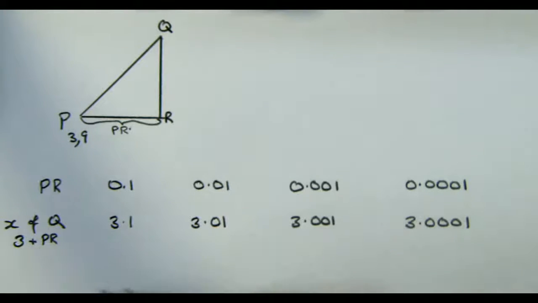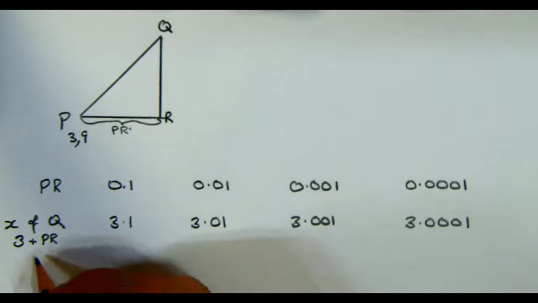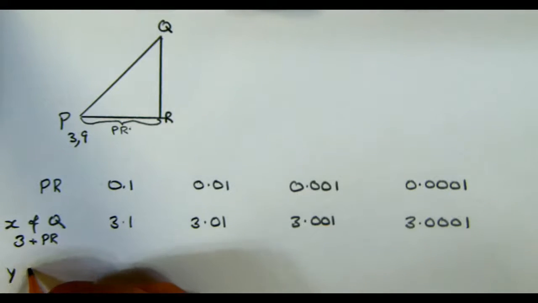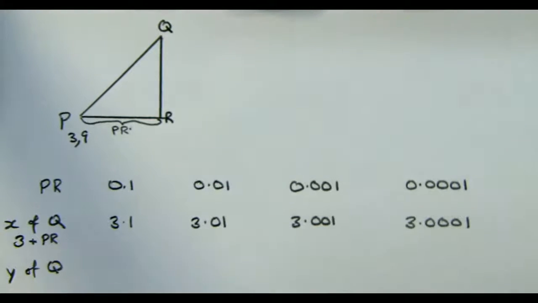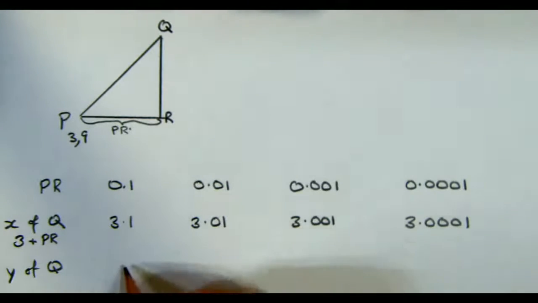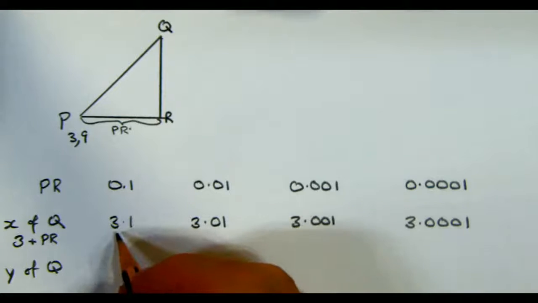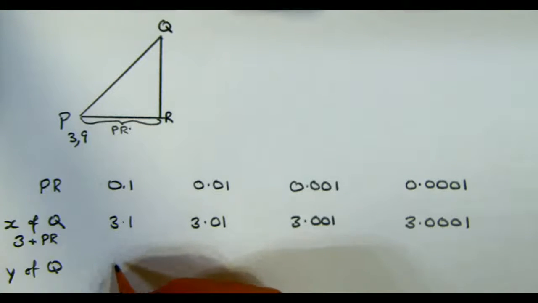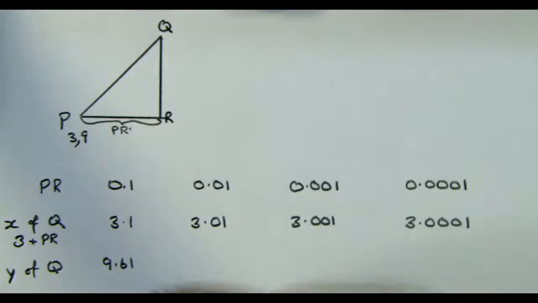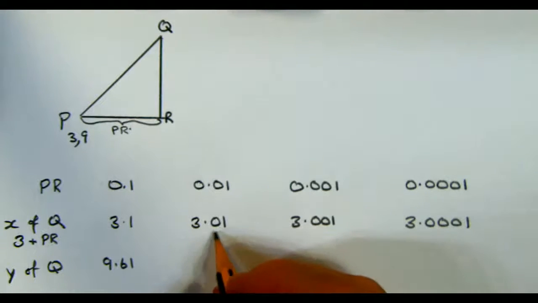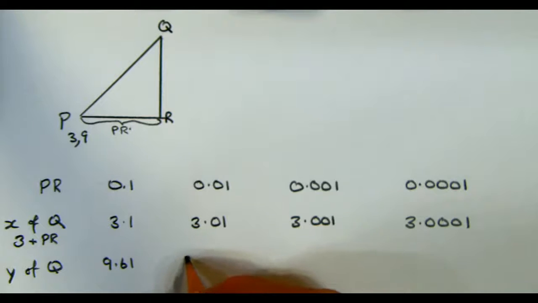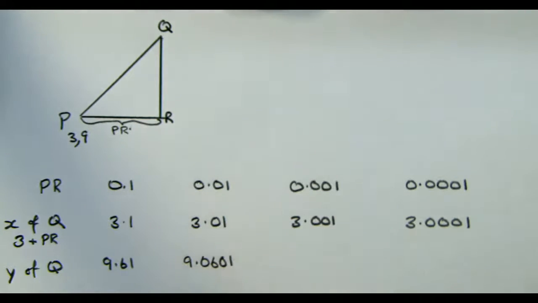Let's see if we can calculate y. We're going to work out the y value of Q, and that's the square of each. So 3.1 squared is going to be 9.61. 3.01 squared is going to be 9.0601.